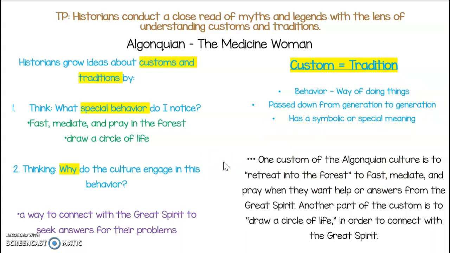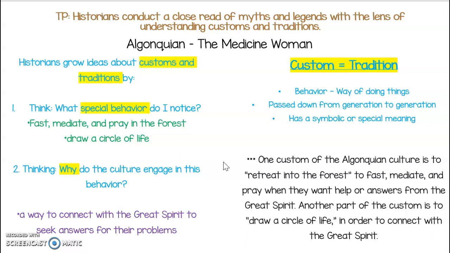So I'm thinking that one custom or tradition of the Algonquian culture is to retreat into the forest to fast, meditate, and pray. And they do this when they want help or when they want answers from the Great Spirit. And also another part of the custom is to draw a circle of life. And I think it's because they want to connect with the Great Spirit.